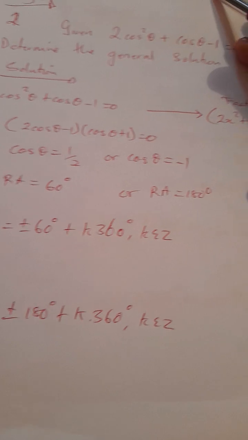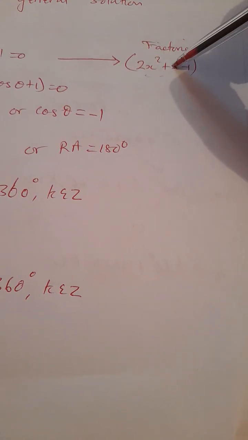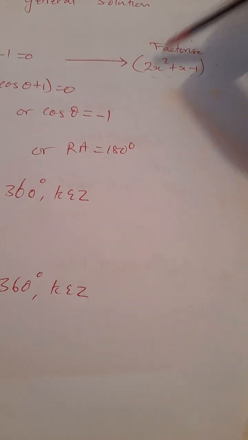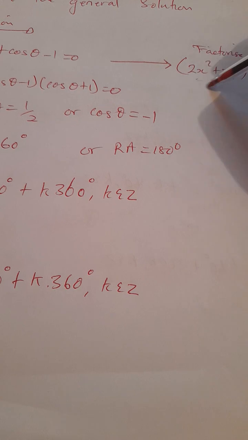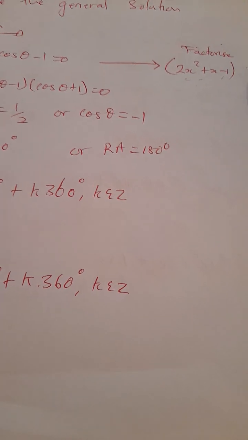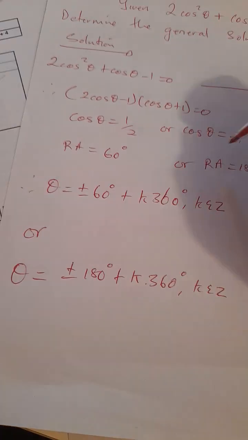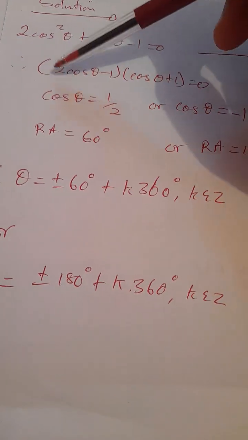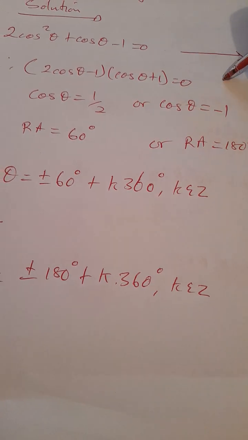Let's say you are given 2x squared plus x minus 1, and you want to factorize it. How would you do it? You then say 2x minus 1 into x plus 1 is equal to 0, right? So the same way you apply it here. Factorizing gives 2 cos theta minus 1 into cos theta plus 1 is equal to 0.